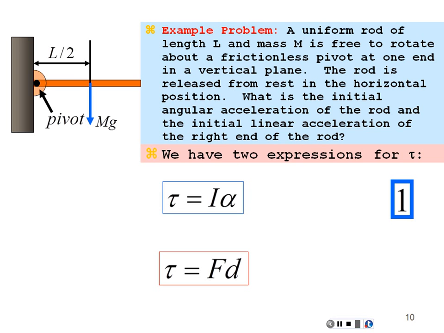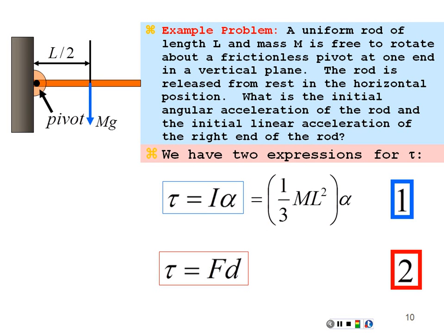So, moment of inertia of a thin rod about its end is 1/3 ML squared. And multiply that by alpha, that's one torque. And the force we're dealing with is mg, and its moment arm is L divided by 2.